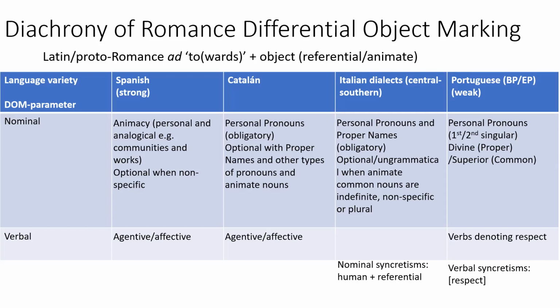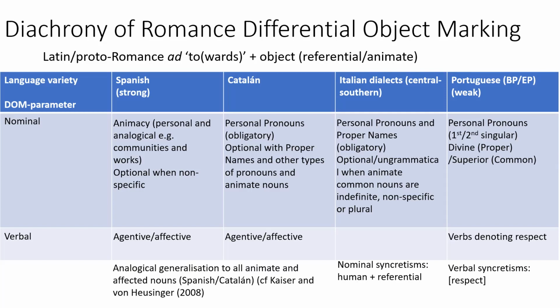So if you ask me where language contact comes in, it seems to be in Spanish and Catalan, where analogical generalization to all animate and affected nouns seems to be the result of language contact. It has been shown by people like Kaiser and von Heusinger, who analyzed the diachrony of Spanish DOM.